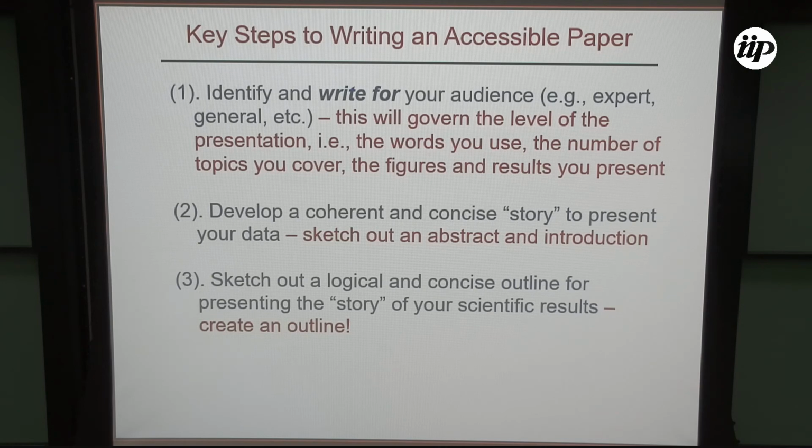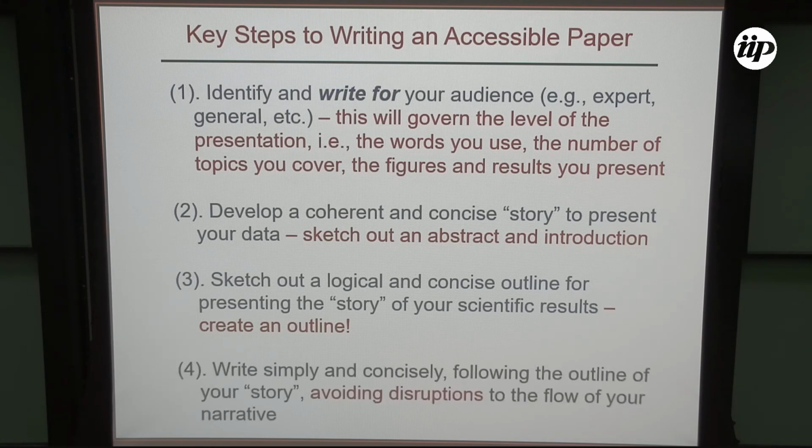And finally, once you have your logical arguments sketched out via an outline, there are little tiny disruptions that tend to crop up in writing that you want to avoid, because they cause the reader to forget what you're trying to say, or to have to refer back to something else, which keeps them from following the narrative you're trying to tell. So these are the elements that I want to talk about through the rest of the talk.